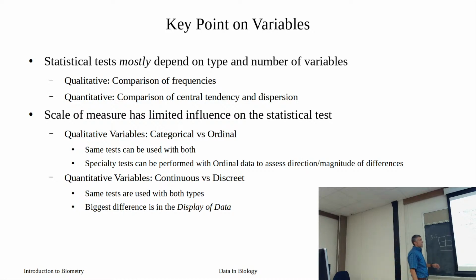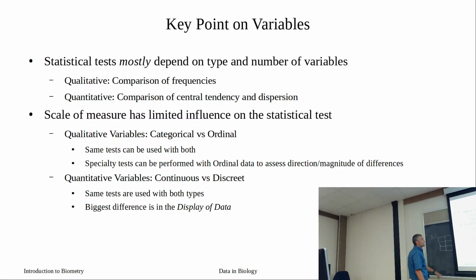Those are the ones we really have to focus on. If we deal with categorical versus ordinal or continuous versus discrete, those have very limited effect because, let's say the qualitative variables, most of the tests that you do with just a categorical or a nominal variable can also be applied to an ordinal variable. The test that you do use for continuous data is basically the same test that you would use for discrete data. All right, there's really very little difference.